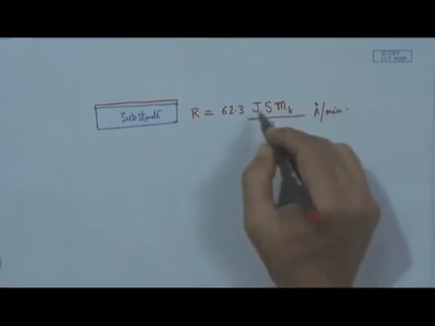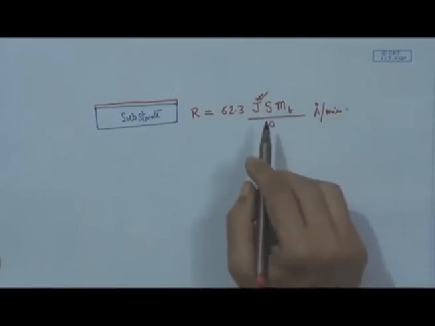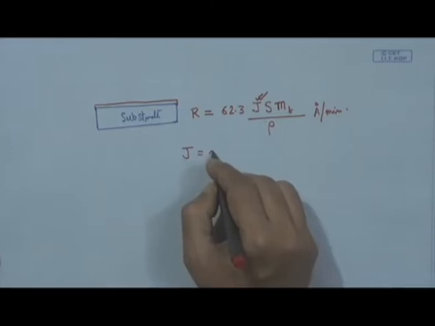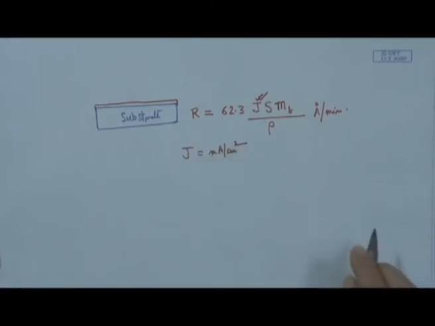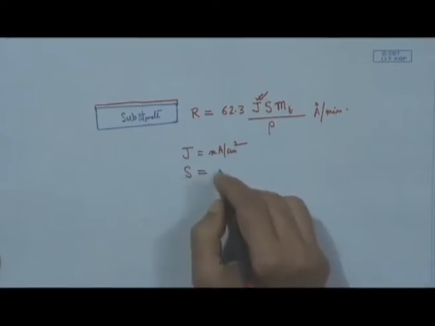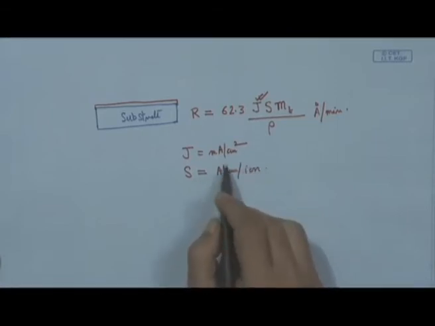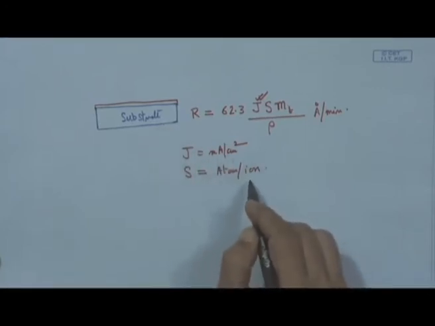So, what are these terms? J is actually the ion current density, given in milliampere per square centimeter of the target surface. What is S? That is actually atoms per ion, that means so many atoms of the target material per ion of argon.